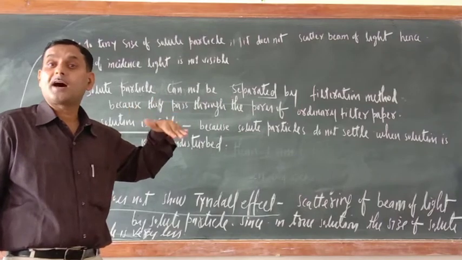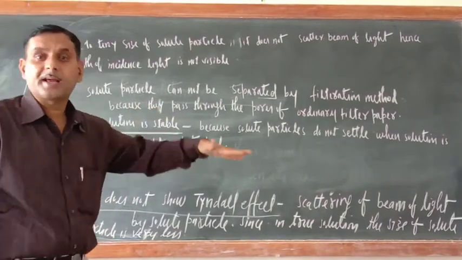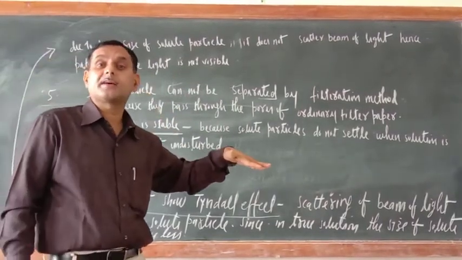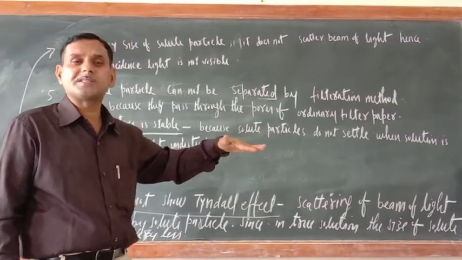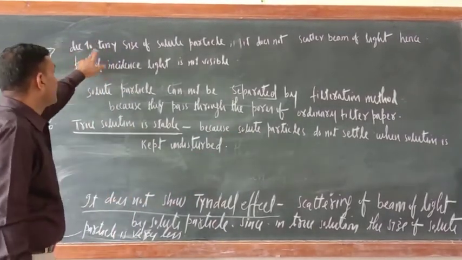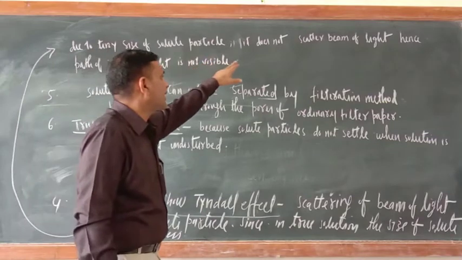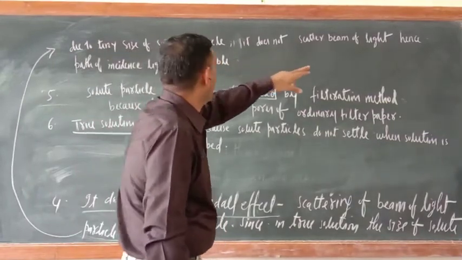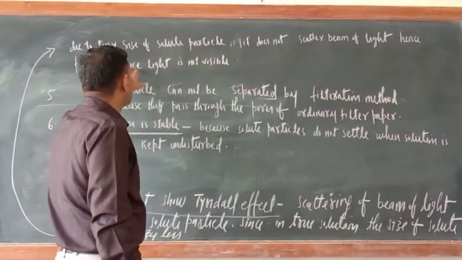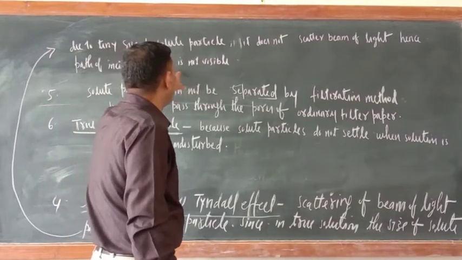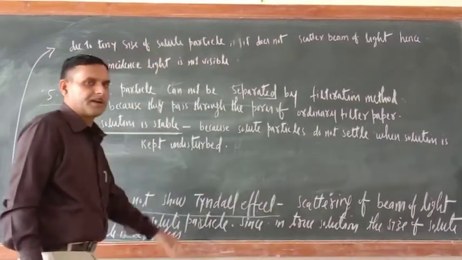Hence the path of incident ray or incident light is not visible. It is clearly written. Due to tiny size of solute particle, it does not scatter the beam of light. Hence the path of incident light or ray is not visible.